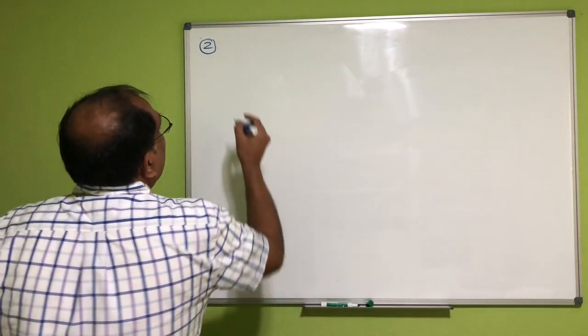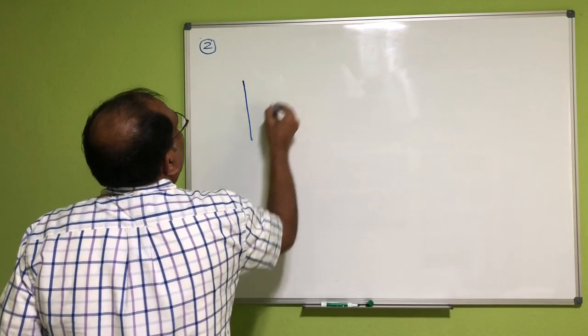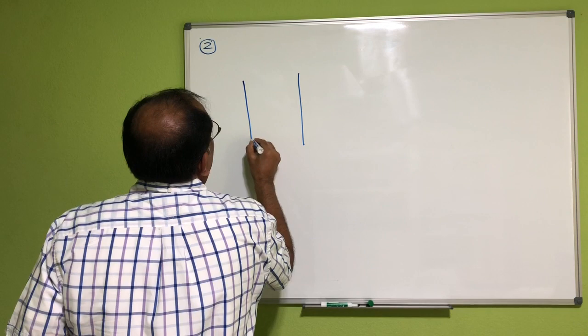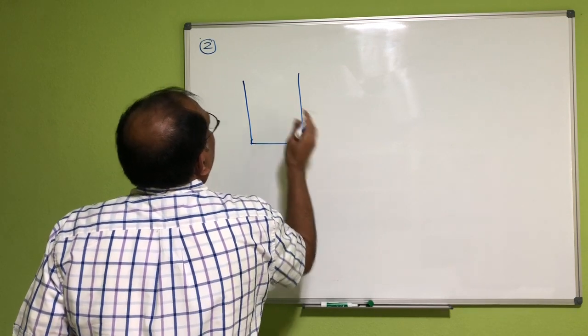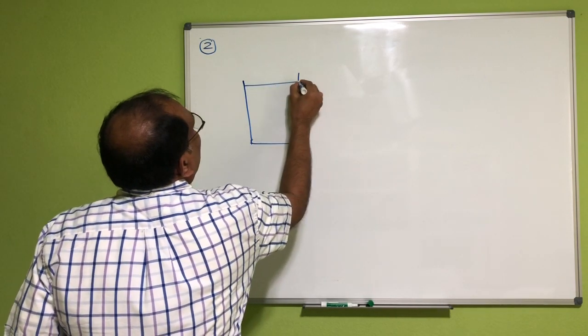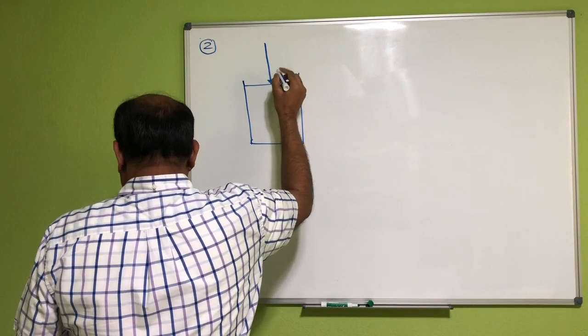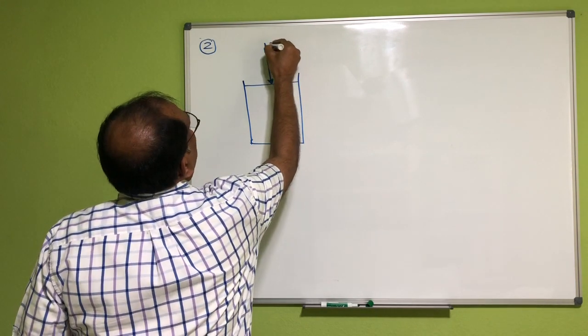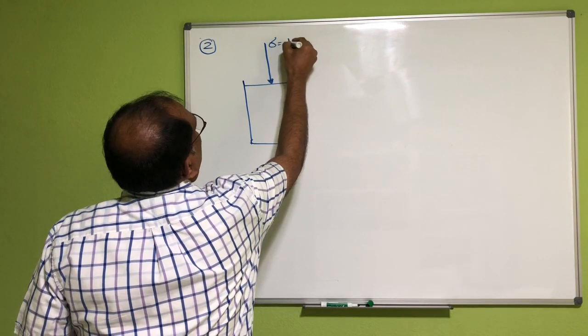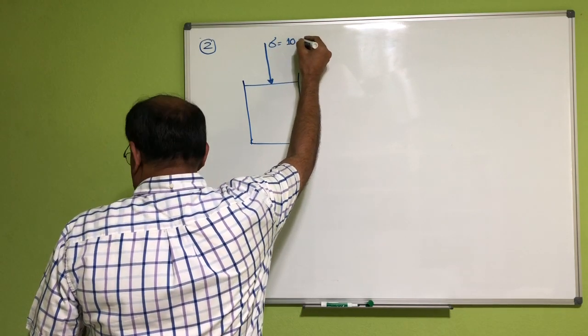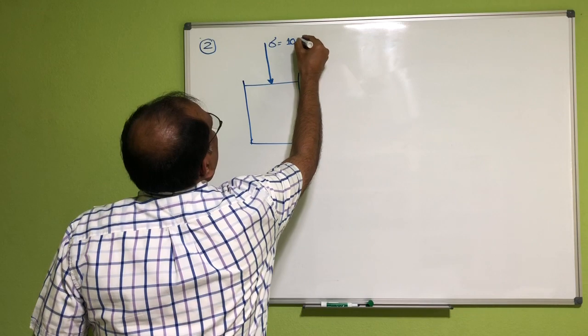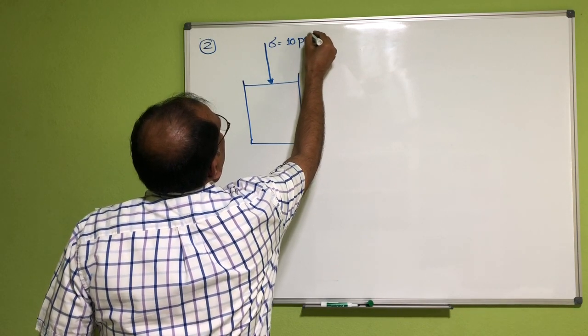So you have soil here, and with the piston you are trying to apply a pressure here, which is, let's say, sigma equal to 10 psi.